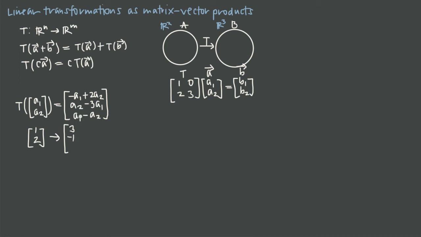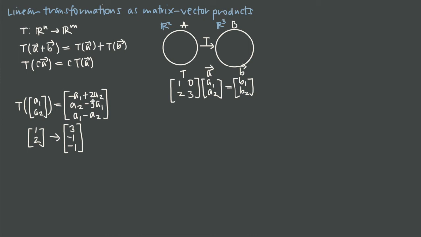And then I'm going to get 1 minus 2, that's a -1. So this transformation, for example, would map the vector 1, 2 in R2 to the vector 3, -1, -1 in R3. And I could plug any vector from A, from R2 space, into this transformation, and the transformation is going to tell me what vector comes out in B.